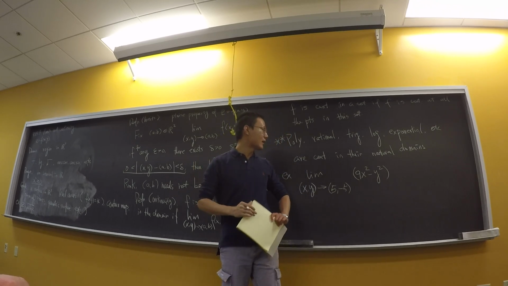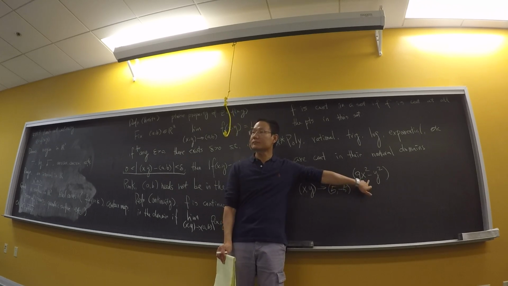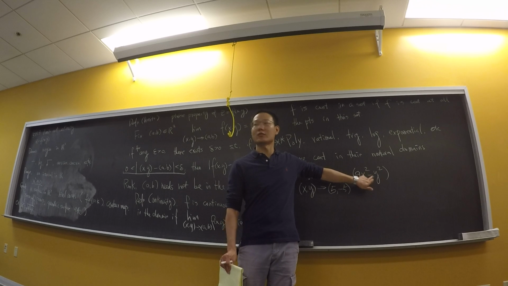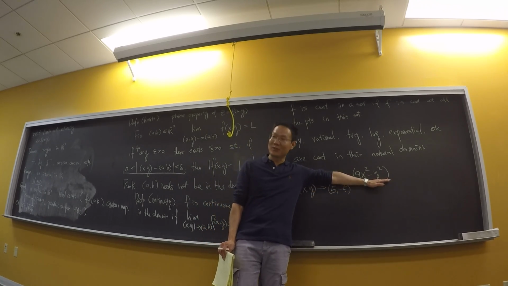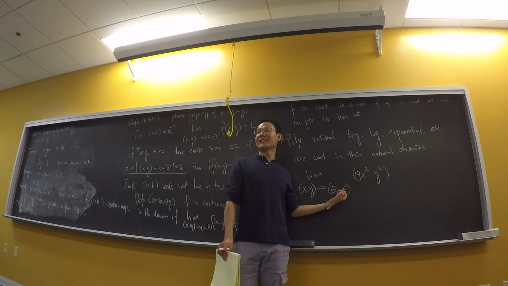However, as long as I know this is a polynomial function which is continuous in its natural domain, what is its natural domain? It's all of the two-dimensional plane, R2, am I right? As long as it is continuous on the whole plane, I know this point is in R2.